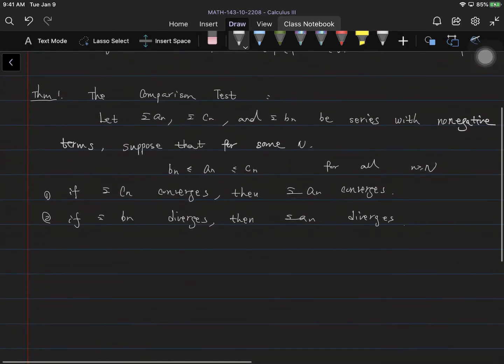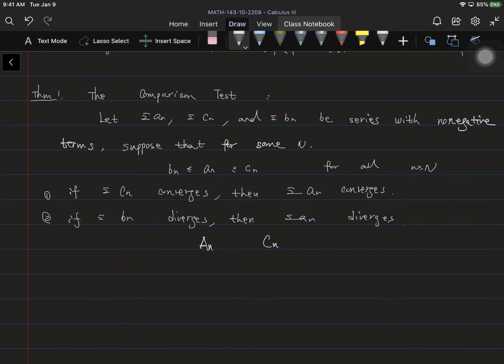Okay, that's the conclusion. How to understand this comparison test? We can think this way. You can think about the partial sum AN and the partial sum, like a capital C N, is a partial sum for series Cn.